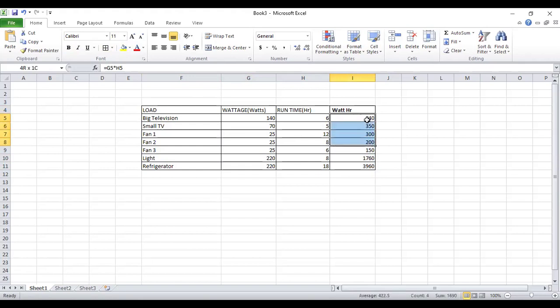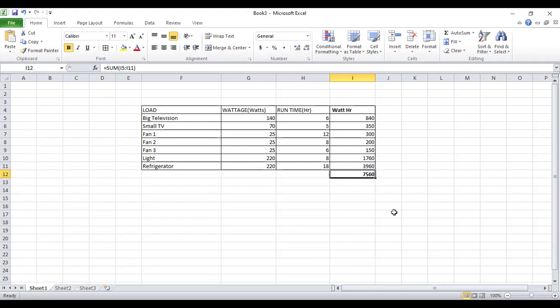So now the next thing is for you to sum up the total watt hour. If you see here, we have 7,560 watt hour as his daily power consumption.